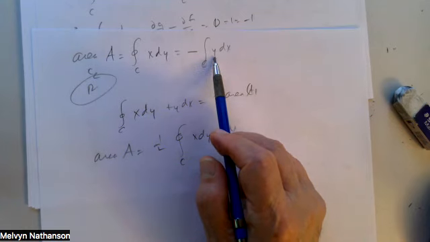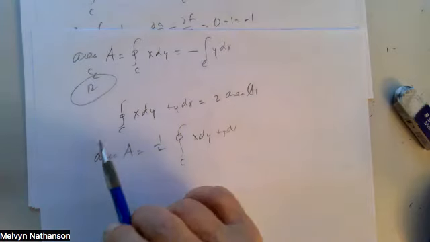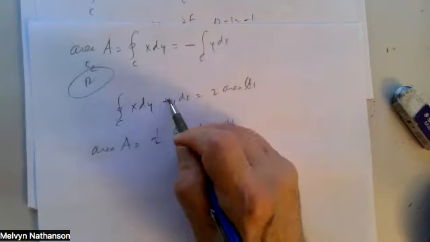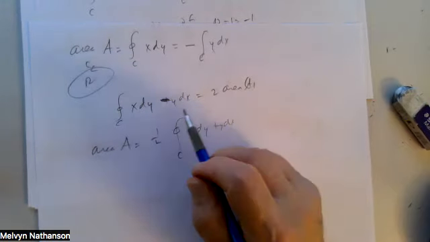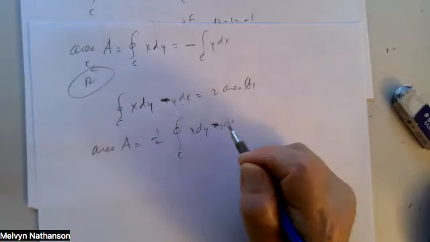The integral of x dy is plus the area. So the integral of x dy minus the integral of y dx is twice the area. That's the formula.